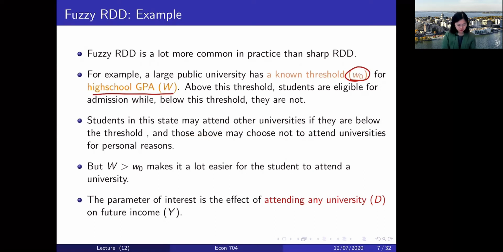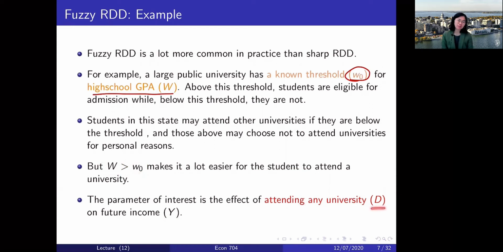However, the high school GPA crossing the threshold does make it a lot easier for the student to attend a university. So if we are studying the causal effect of attending university on future income, then the probability of attending university is affected by whether W crosses the threshold or not.